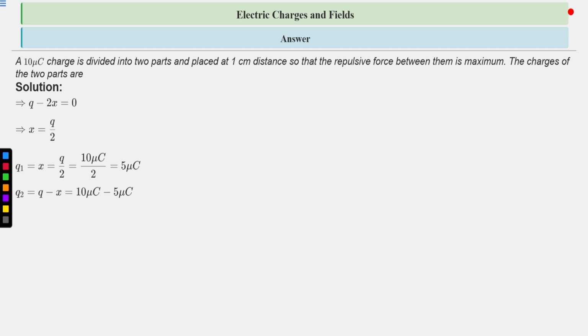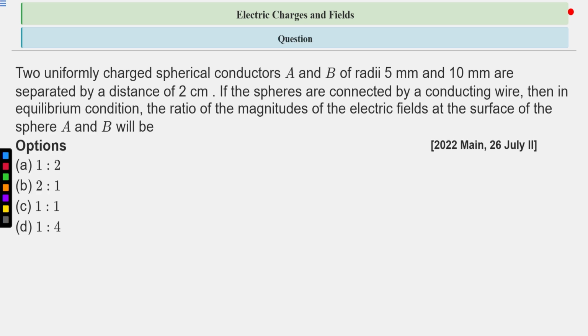And we can find the charge on second part, which is Q2 equal to Q minus x, that is 10 microcoulomb minus x. x here we have found to be 5 microcoulomb, so the charge on second part is also 5 microcoulomb. So the force between them will be maximum when we divide it into equal parts having equal charge. So option C is correct. I hope you understood. So let's move on to the next question.